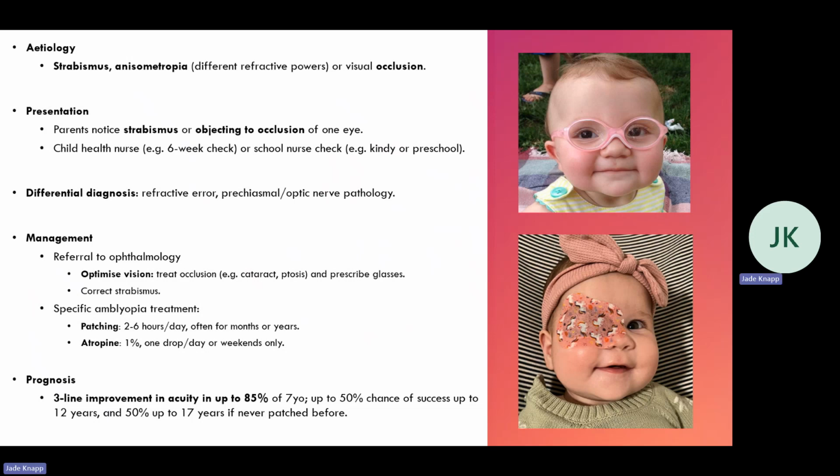They showed that for mild amblyopia, 2 hours a day is equivalent to 6, so you may as well just do 2. Then there's moderate amblyopia, and for more severe amblyopia, you want up to 6 hours a day to get a certain outcome. You're saying, why don't you just patch them permanently? Because then the good eye will become amblyopic, right? You don't want to keep the good eye covered non-stop because the brain will then start ignoring it. So you want to be doing it intermittently.